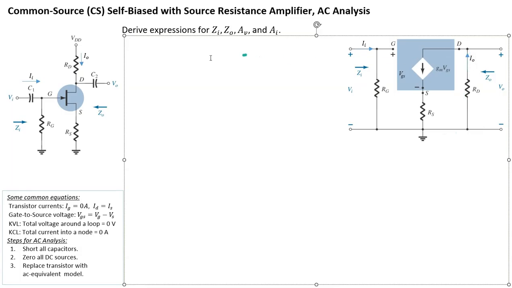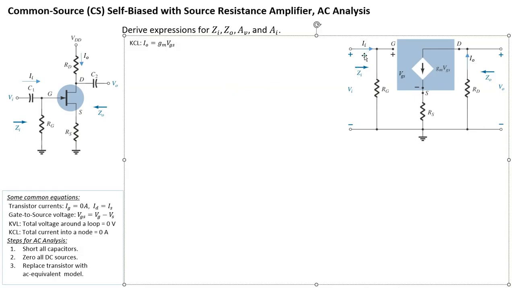So straightforward, by KCL, IO is simply gm VGS.